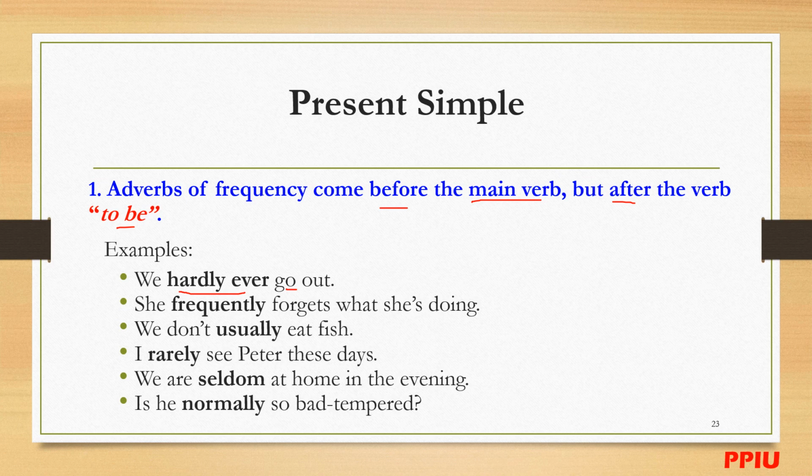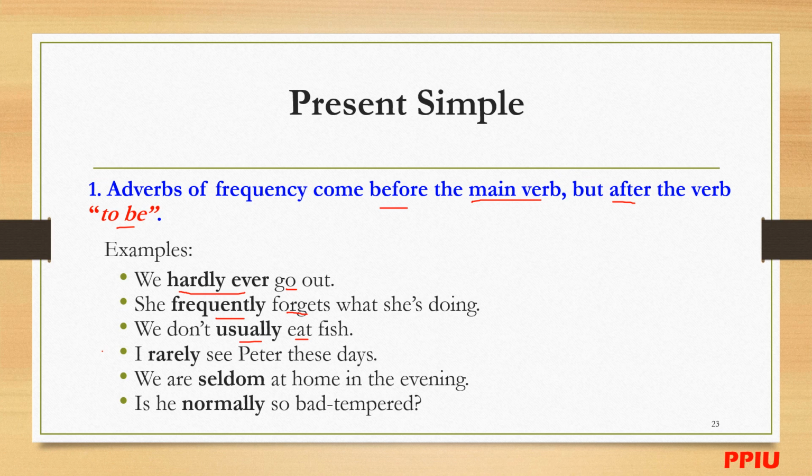The adverb of frequency is frequently, and forgets is the main verb. The next one: "We don't usually eat fish." Usually is the adverb of frequency, placed before the main verb.